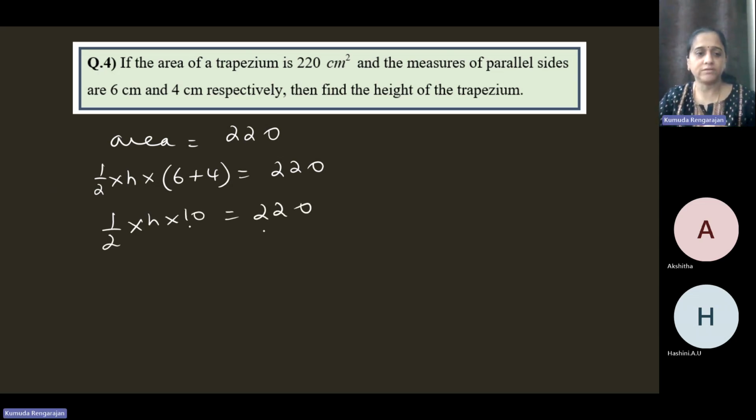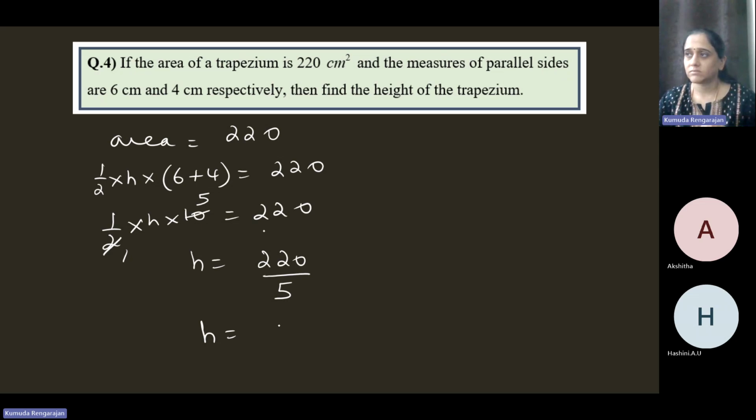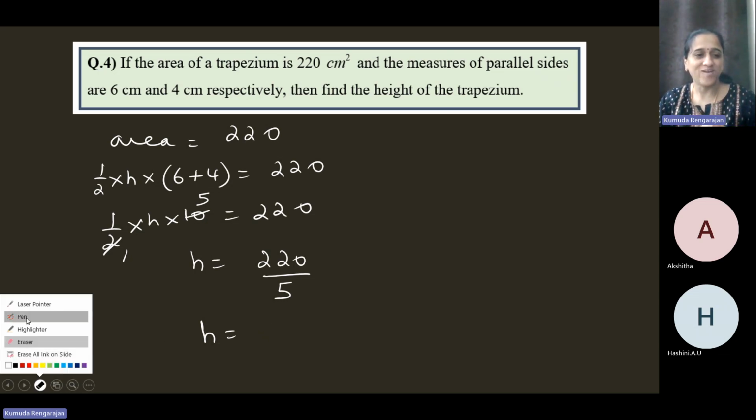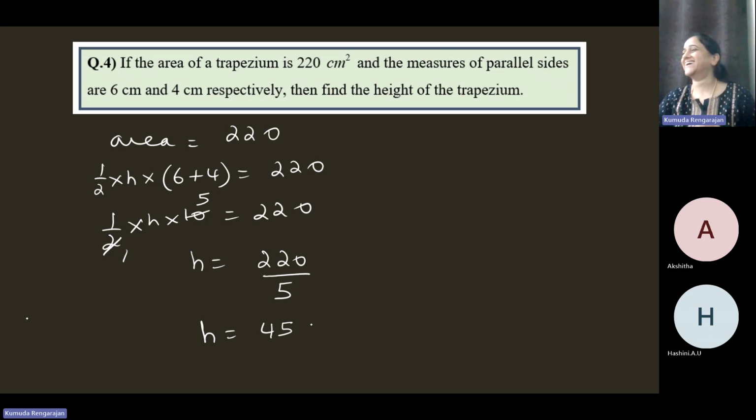H is equal to 45. Sorry, 45 centimeters. Okay. Yeah, next one.